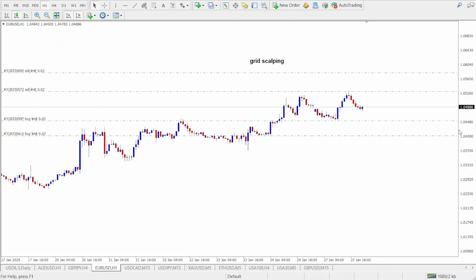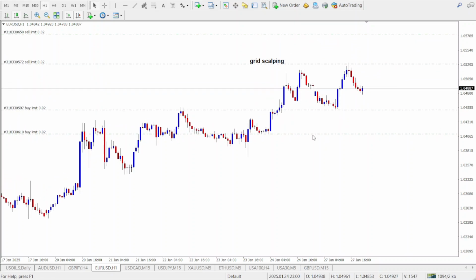Of course, if you are scalping using this strategy, you have to use small lot sizes to avoid over leveraging. And always make use of stop loss levels. Set your stop loss orders to limit potential losses in case of strong trends against your grid.